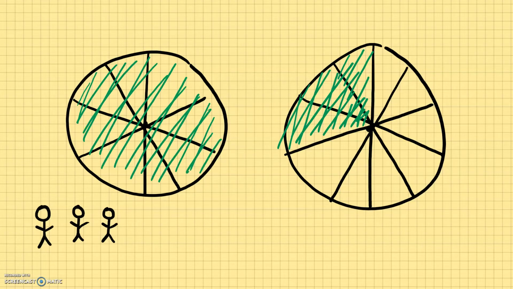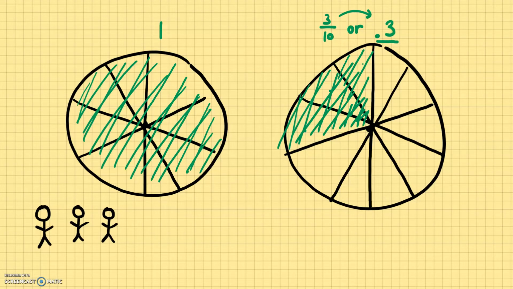Now, this as a fraction would be, this is one whole pizza, so that would be 1. And over on this side, we ate 3 pieces out of 10 pieces. So that's 3/10 as a fraction. And as a decimal, we can write 3/10 as 0.3.